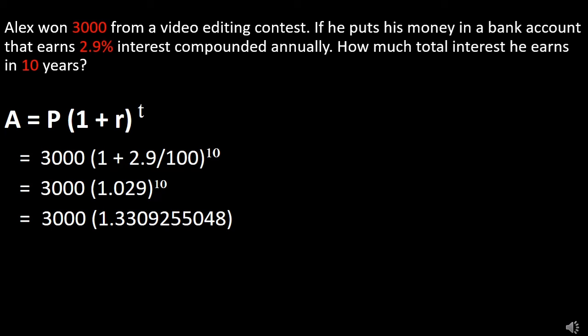So that will give us 1.3309255 times the principal, which is 3,000. So that will give us 3,992.78 minus 3,000. The answer is 992.78.